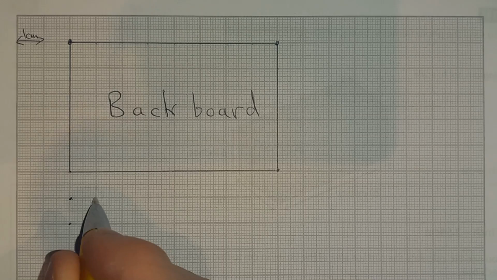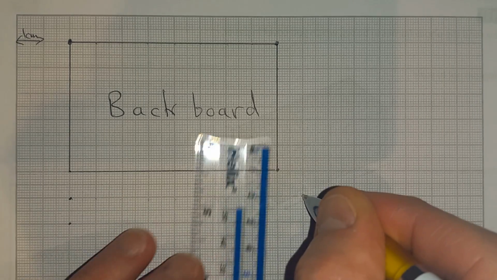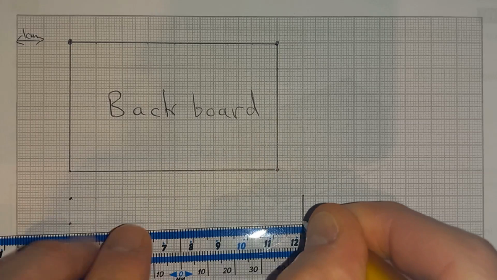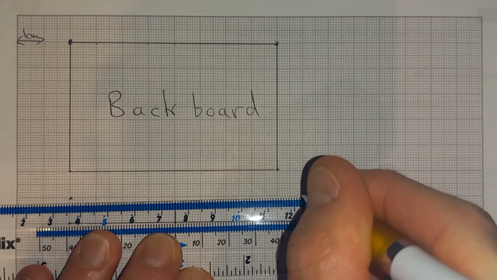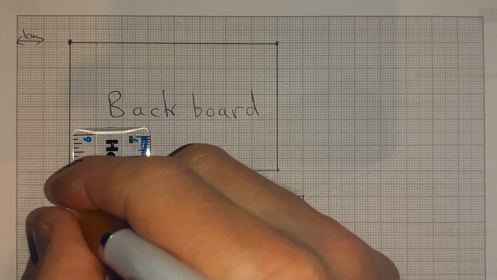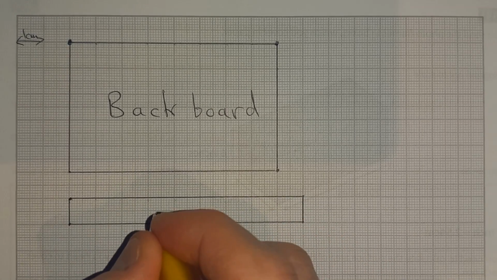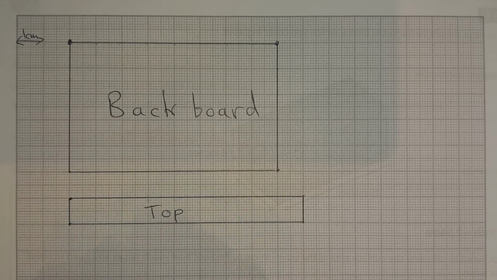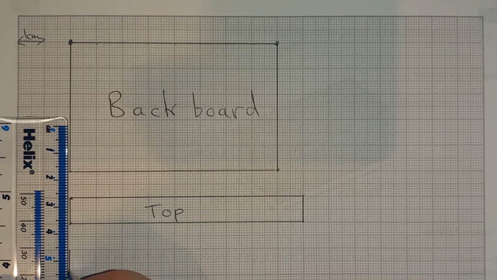So 9, so 1, 2, 3, 4, 5, 6, 7, 8, 9. Okay, so this was the top. We had the bottom that was the same, so we can draw another one below it.